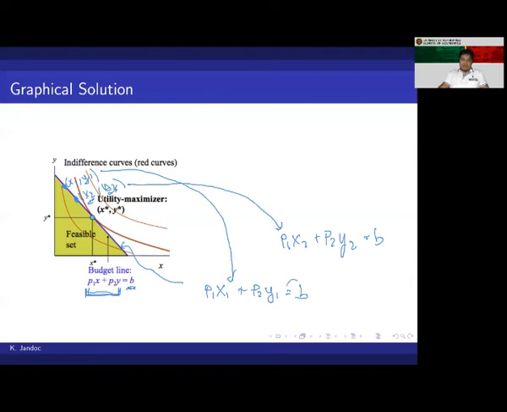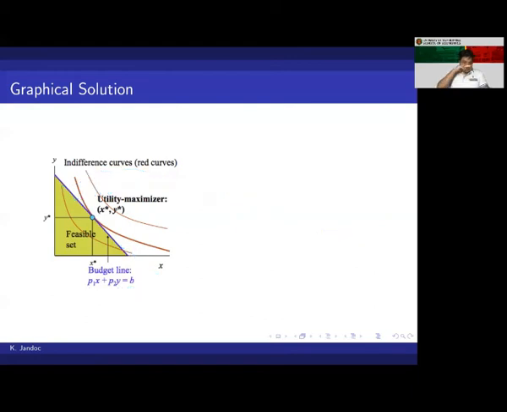So that's what the budget line is. Points on the budget line are bundles that give you an expenditure equal to your budget. Let me just clear this. Now, what are these red lines over here?